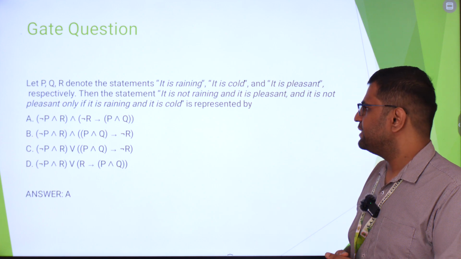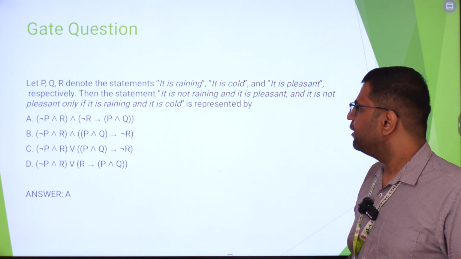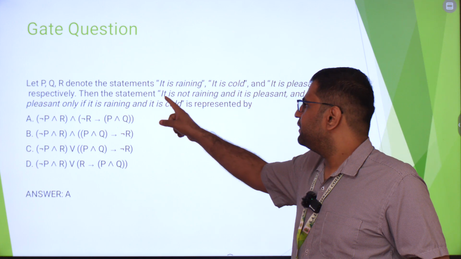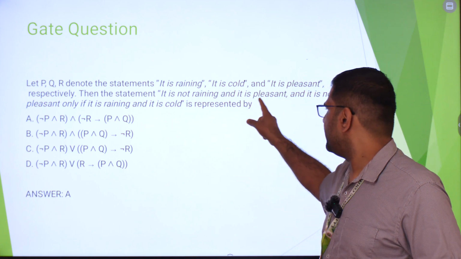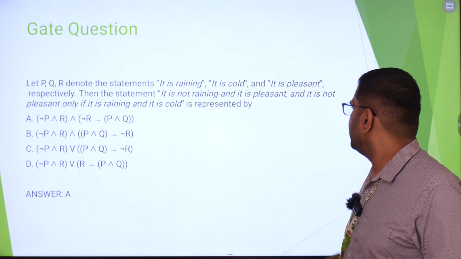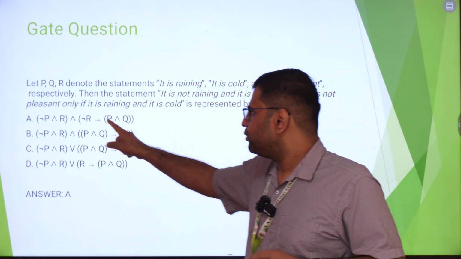In the next question, we see that there are three propositions here: it is raining, it is cold, and it is pleasant. The statement they have given is it is not raining and it is pleasant, which is the same for all four options. And here it is not pleasant only if.